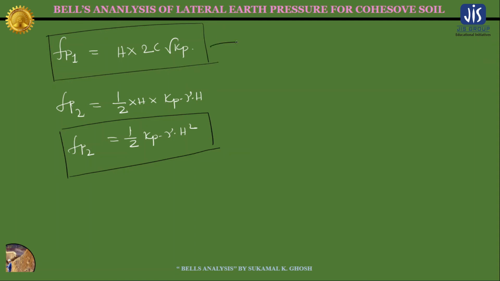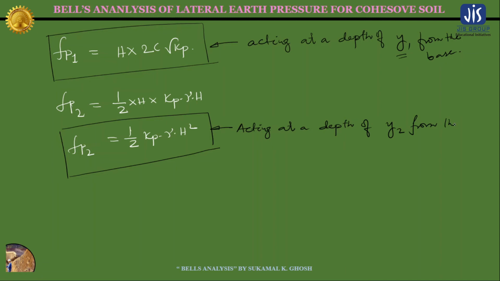Okay, so this Fp1 is acting at a depth of y1 from the base, where this y1 is h by 2, and this Fp2 is acting at a depth of y2 from the base, right, where this y2 is h by 3.